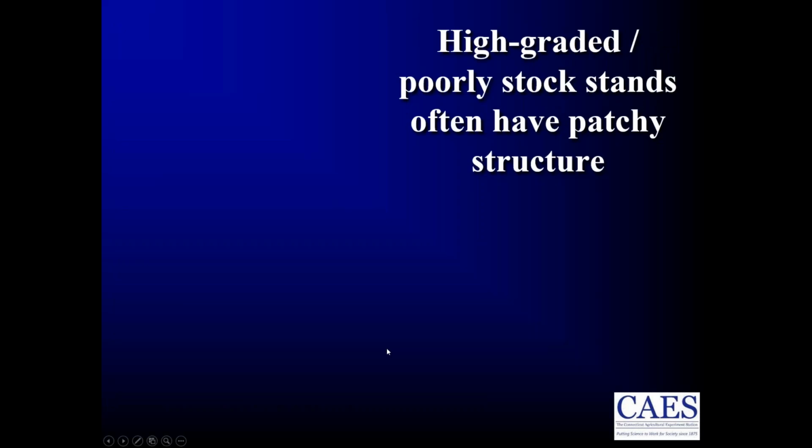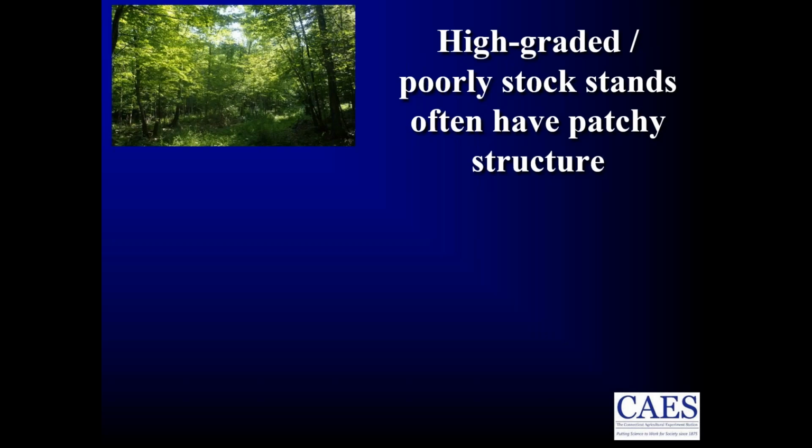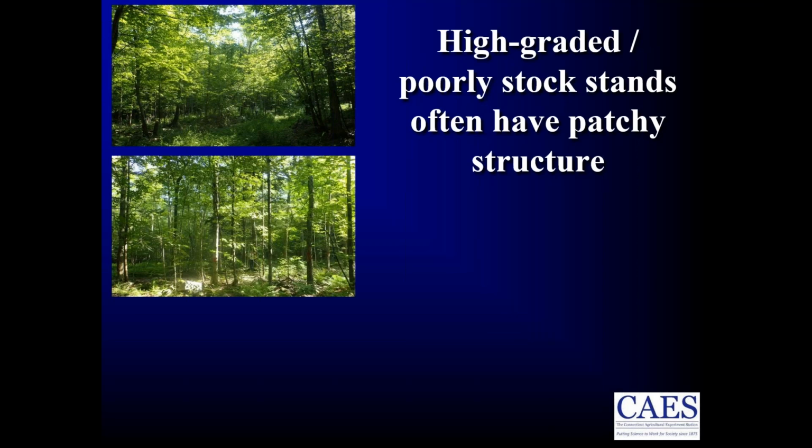Well, here's the thing. Most of us have had an opportunity to wander through high-graded or poorly stocked, degraded stands. They usually have patchy structure. You can have some areas with gaps and some seedlings coming in. You can have other areas with pole trees, some that are potential candidate trees to grow into the future.